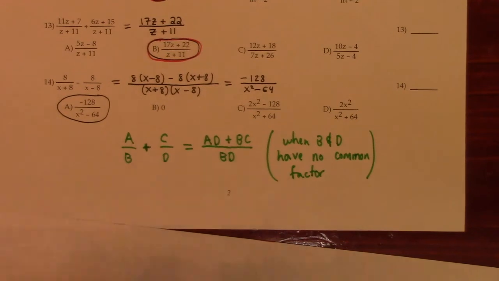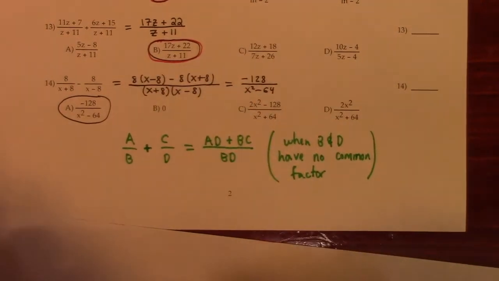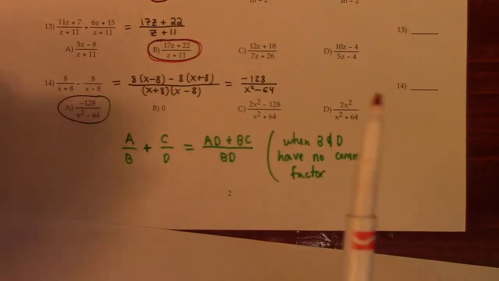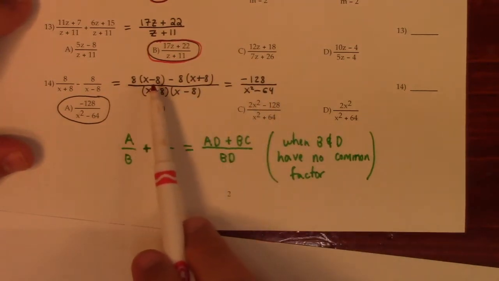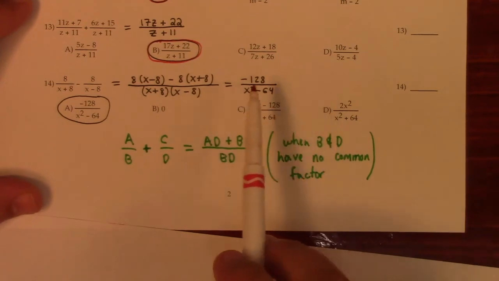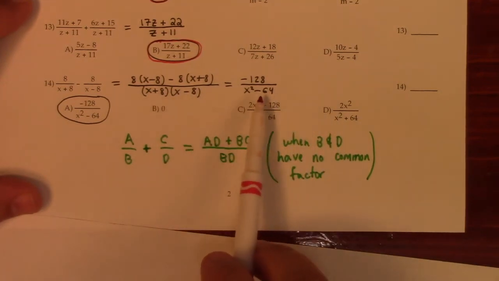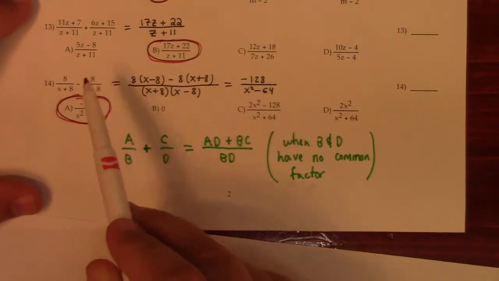It would make the calculation harder than it needs to be. But here, you notice we get the plus 8x, and we get the minus 8x, so they cancel, and we get minus 64, which is minus 128. And of course, x plus 8 times x minus 8 is x squared minus 64, so that left us with the answer of A. All right, moving on.